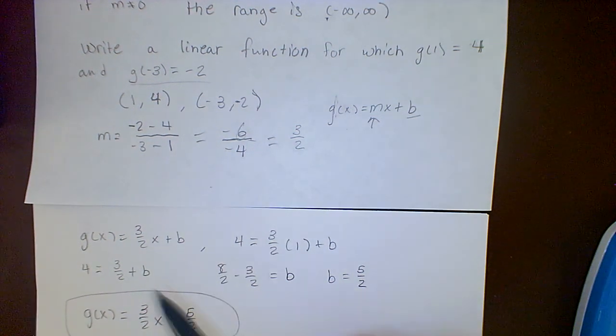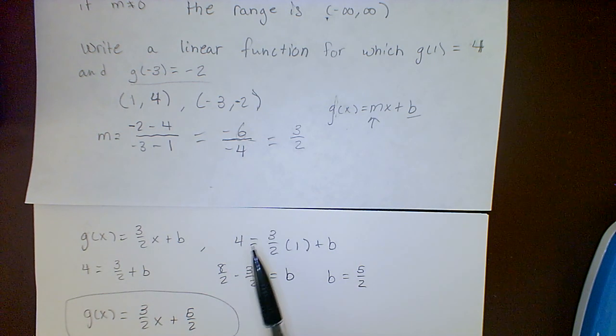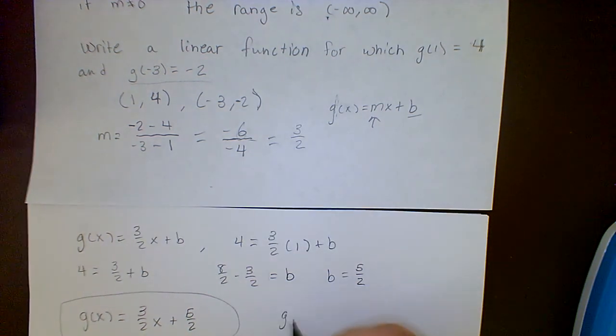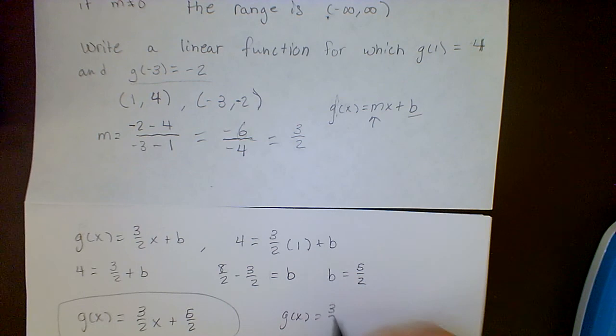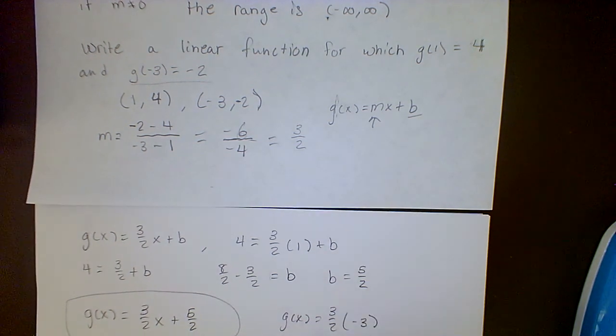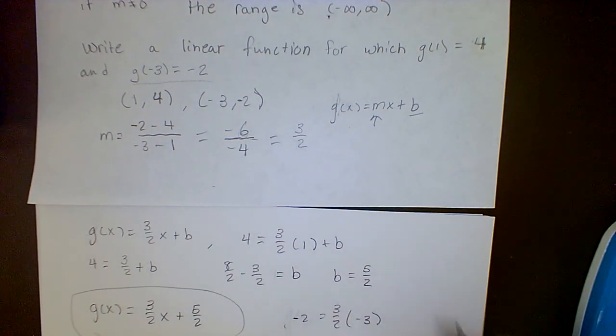If you would have used, instead of the point 1, 4, the point negative 3, negative 2, you would have gotten the same answer. And we can check that. So g of x equals 3 halves times our x value, negative 3, plus b. Oh sorry, I need the y value over here.